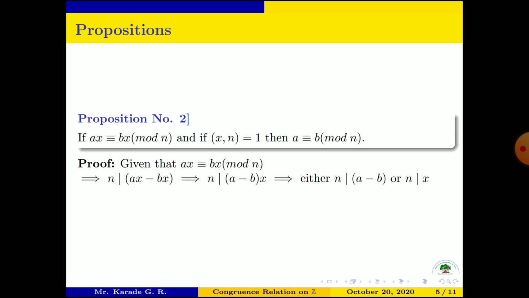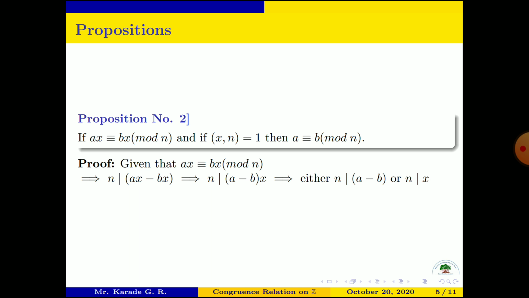So see in the next step, n will divide the difference ax minus bx, and this implies n will divide (a minus b) into x. We are taking common, so (a minus b) into x.